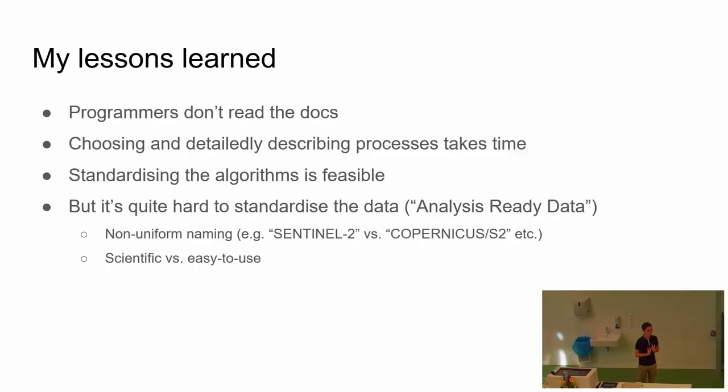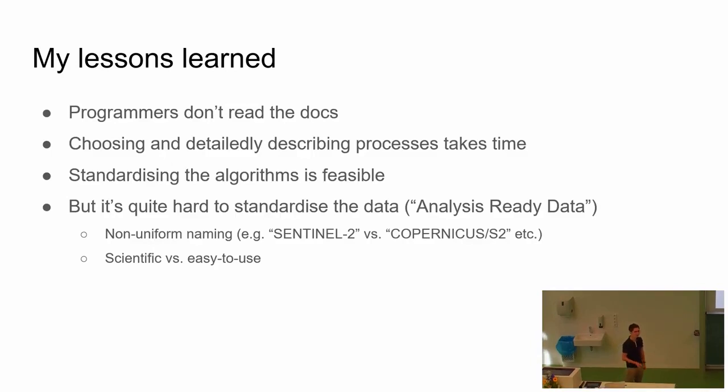My lessons learned personally by implementing that OpenEO Hub was that you can specify things as clearly as possible, but the programmers don't really read the docs. They just think, I think it was this and this way, I will just return this in my API, and then I try to crawl their stuff with my hub, and it all fails.